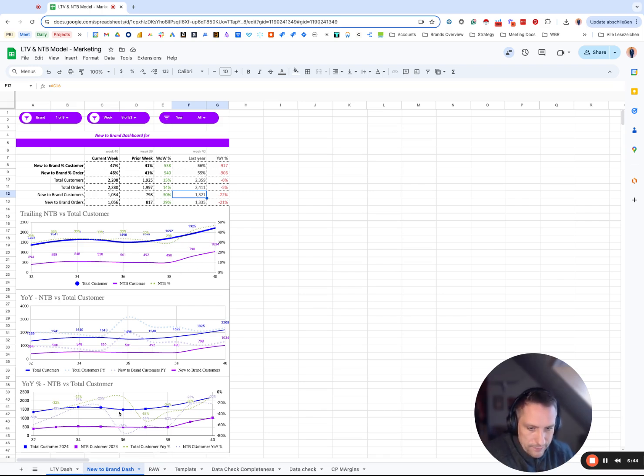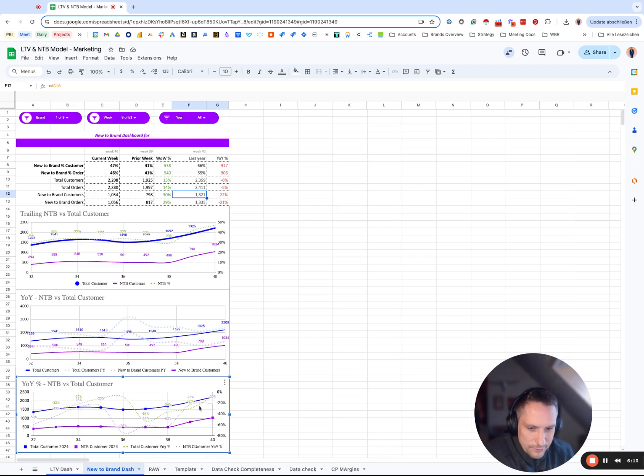And the last piece of the puzzle here is just a view on total customers again. So the blue line is always the same. It's always total customers. The purple line is always the same. Here it's new to brand customers. And here I'm having a comparison on year over year. So I would see how this is changing year over year. And yeah, you can see the scale of this is negative.